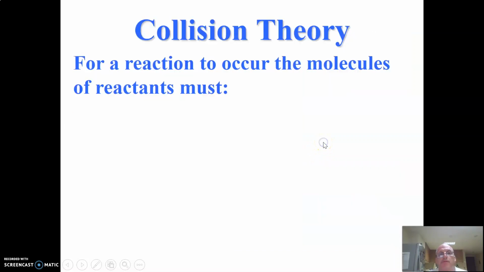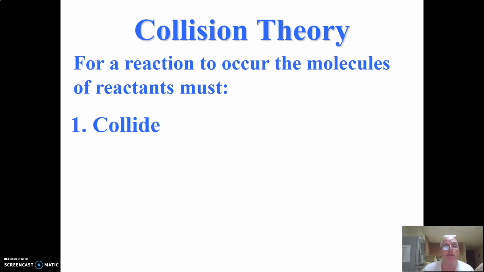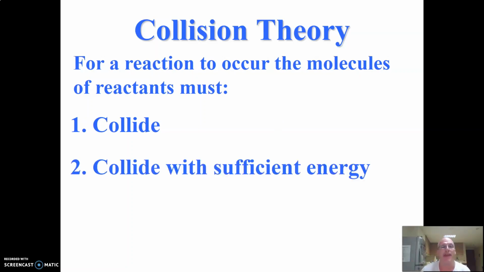Now, you've probably heard this before, collision theory. Collision theory concerns the things that must happen for a reaction to occur. And the first most obvious thing is that particles must collide. They have to bump into each other. And when they bump into each other, you want bonds to break, and then you want new bonds to form. So when they collide, they must collide with enough energy.